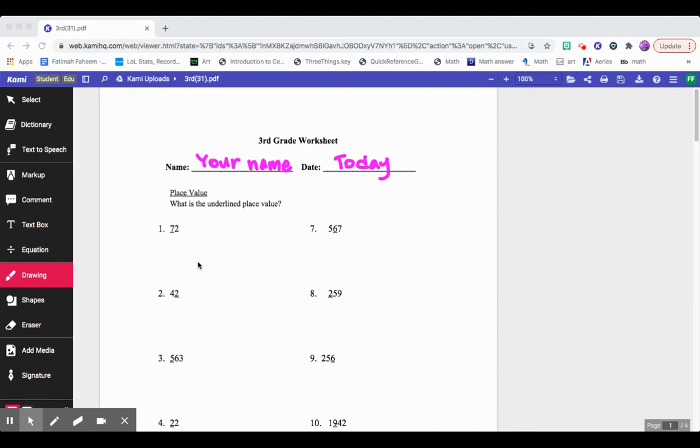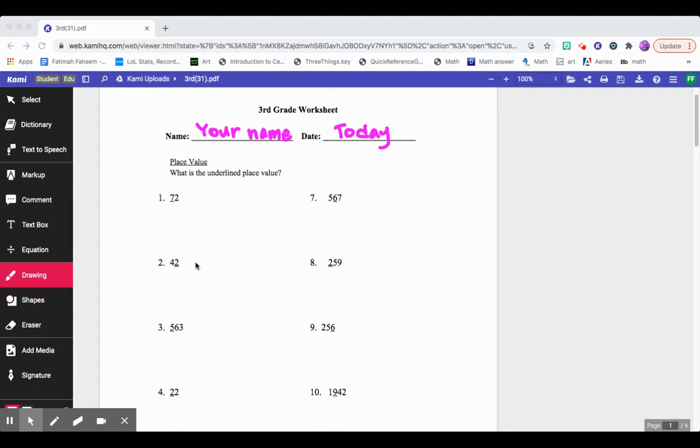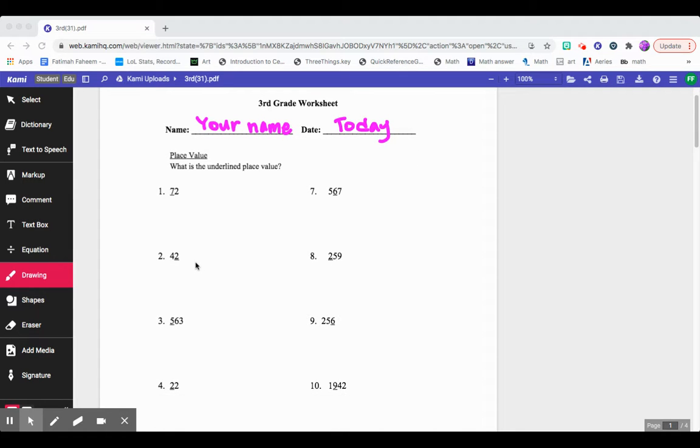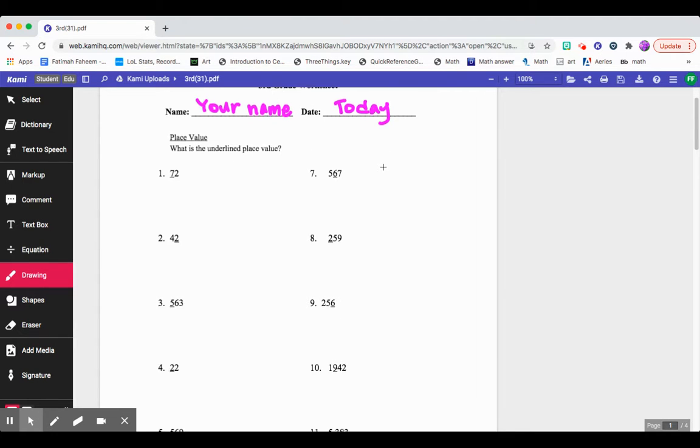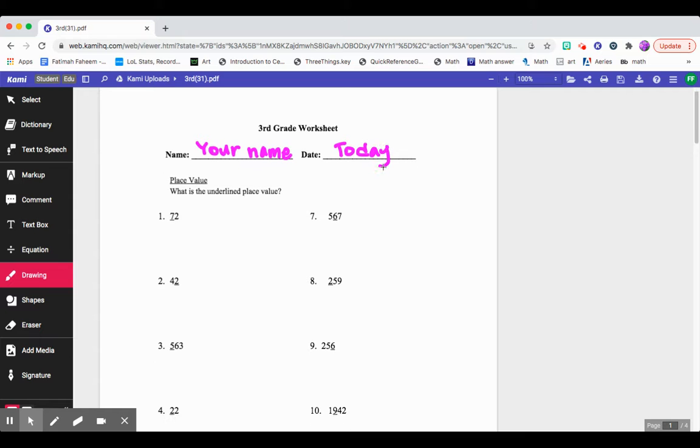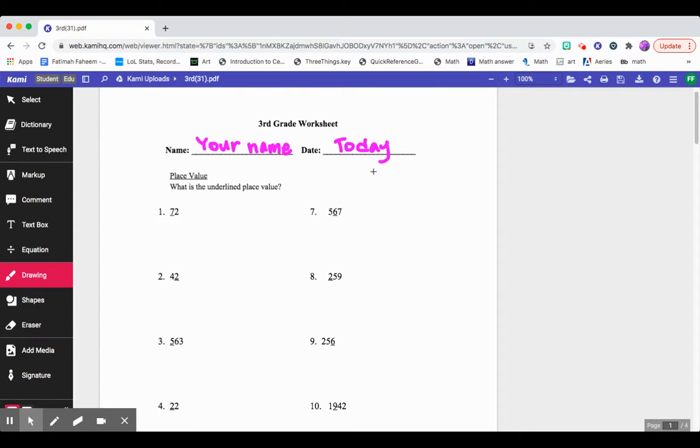Okay, let's get started. The first section we're gonna do is place value. We have to write which place the underlined number is. There's only four of the numbers, so I'll just write the number here like this.